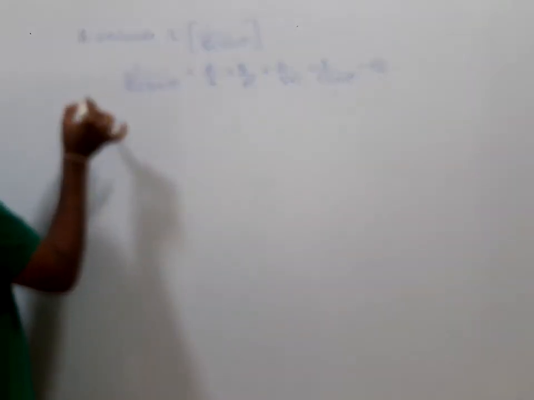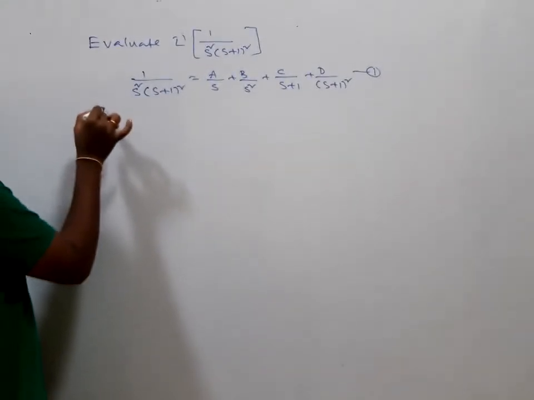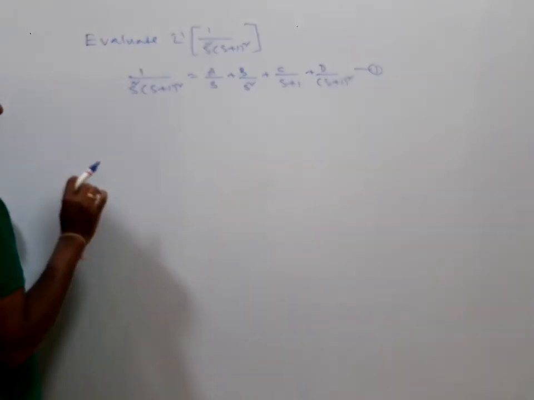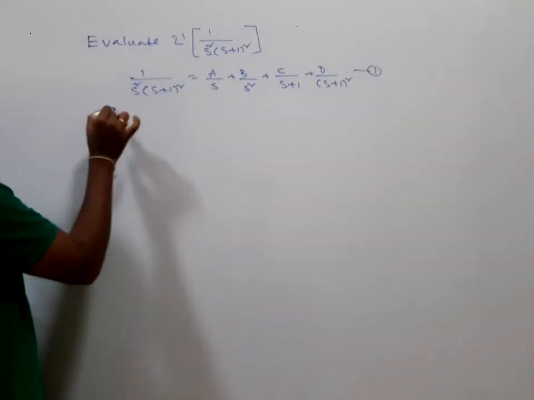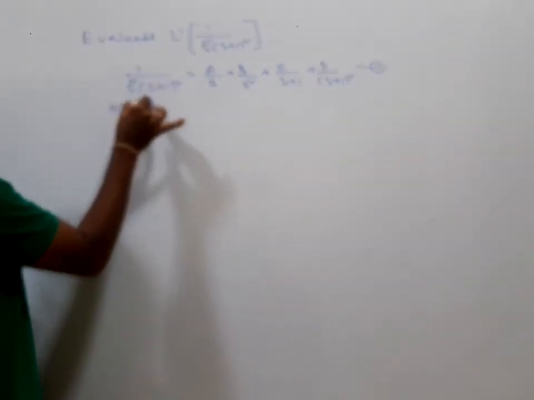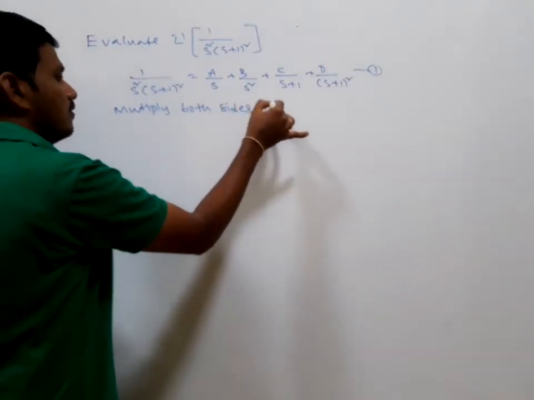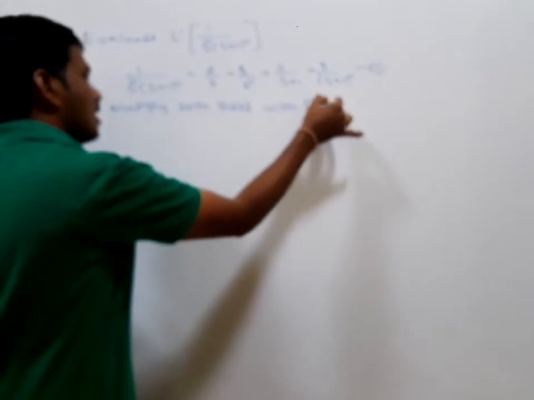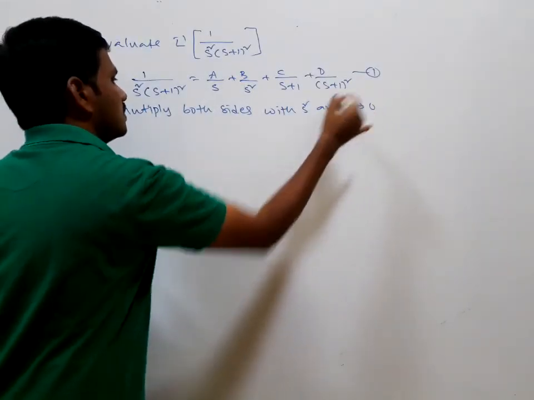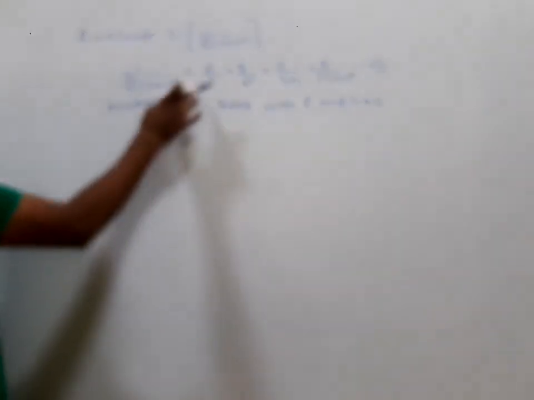So multiplying both sides with s square and taking s tends to 0, this term is completely 0.